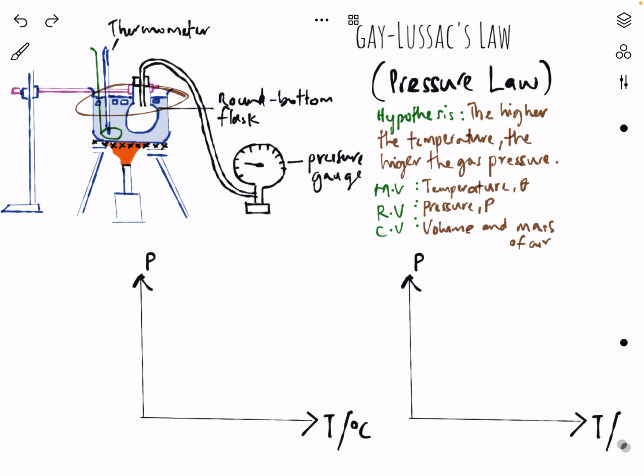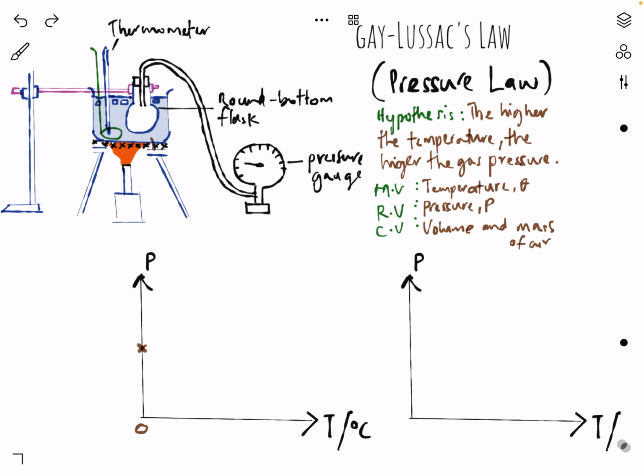Since we start the experiment at 0 degrees Celsius, because we have ice cube there, the pressure gauge is going to show a certain amount of pressure. So we can plot a graph somewhere over there. At 0 degrees Celsius, the pressure gauge shows the value of the pressure there.